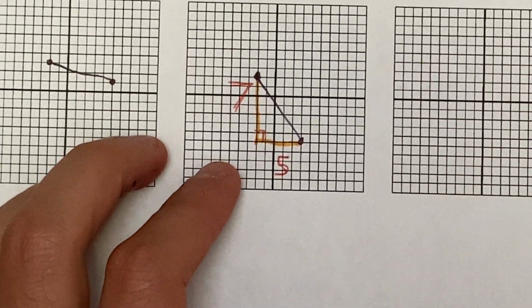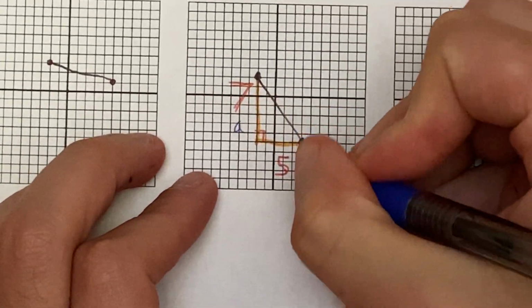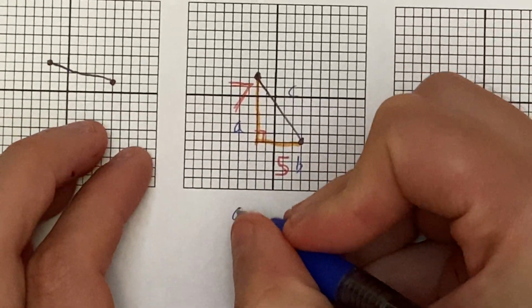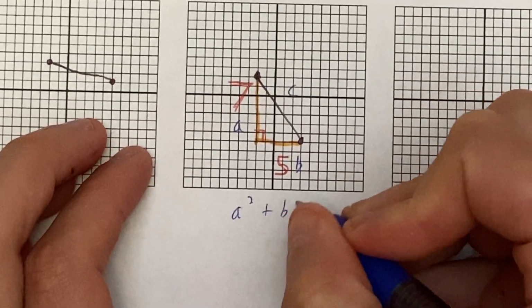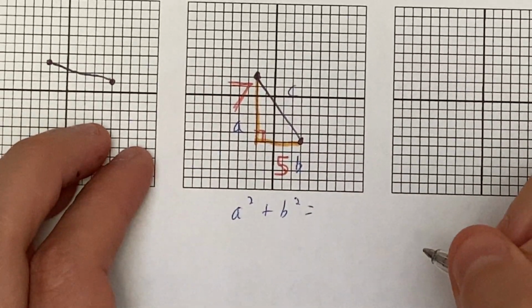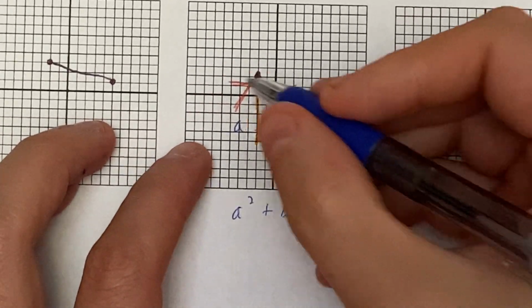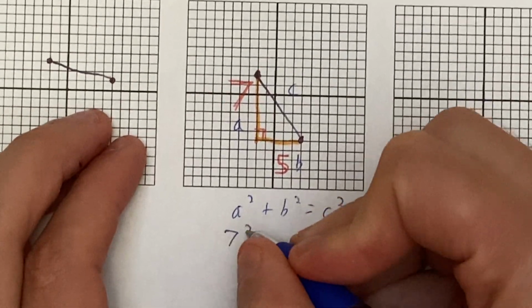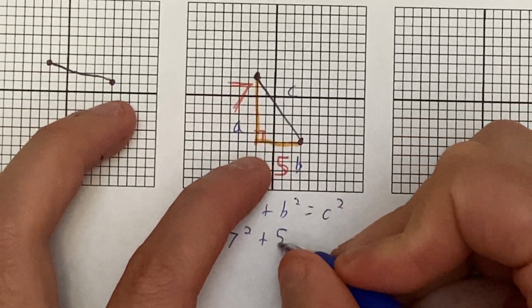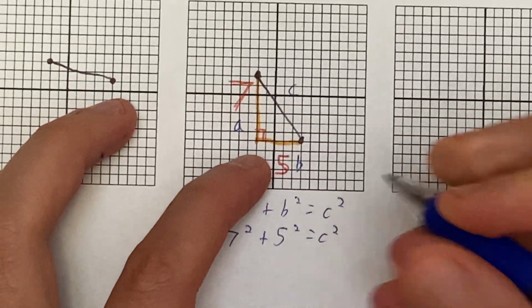And according to the Pythagorean theorem, this is A, this is B, and this is C. A squared plus B squared equals C squared. So I could do 7 squared plus 5 squared equals C squared.